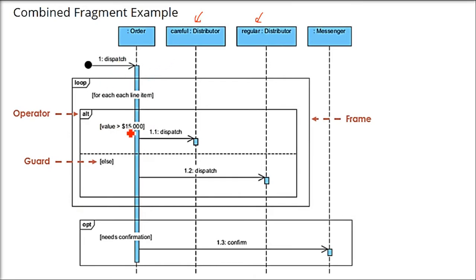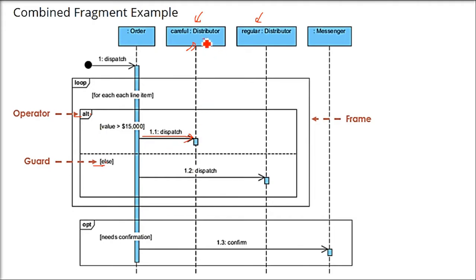That is, if the product is greater than 15,000, that is, it is of importance, then we'll only send it to the careful, the best distributor. If it is below that, then we'll have else. So this is a guard condition, and ALT is the fragment operator. One time you send to the careful one if the amount is greater, otherwise you send it to the regular. It depends on the situation.